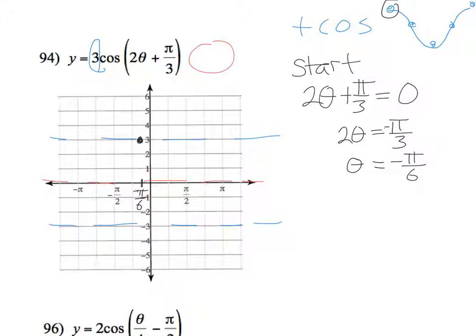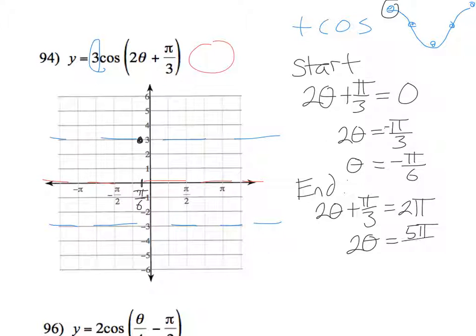Okay, my ending value, we're going to do the same thing. So 2 theta plus pi over 3, set it equal to 2 pi. Do the same type of reasoning. I'm going to subtract pi over 3 from both sides. 2 pi minus pi over 3 is 5 pi over 3.